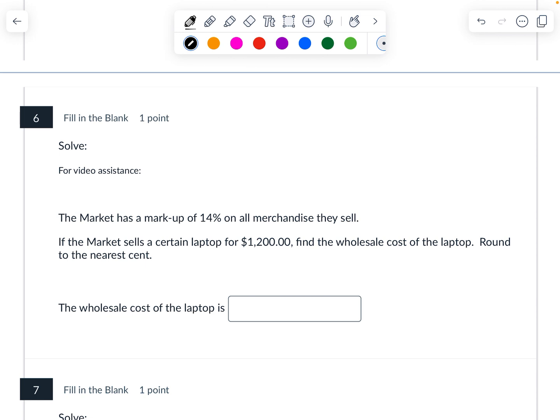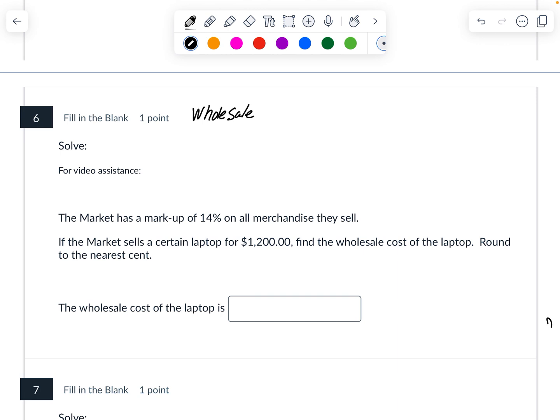So if we look at this, I think of three categories. I think of the wholesale price, that is the store buys it from the manufacturer. That's Walmart purchasing it from whoever they bought it from, or your t-shirt company buying it from whoever manufactured the t-shirt.